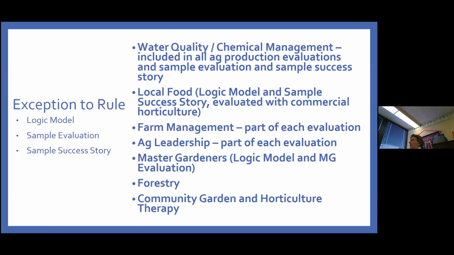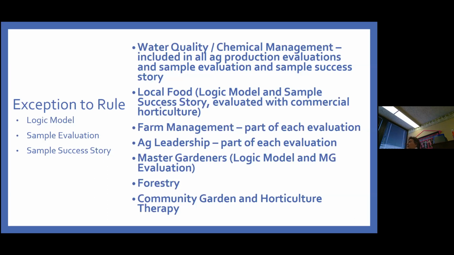We've got a logic model and sample success story for you, but the evaluation part is under commercial horticulture. Farm management and ag leadership, as I mentioned earlier, are part of every major program evaluation, but they have not created a logic model for you. That may still appear later on down the road, but it's not available at this time.